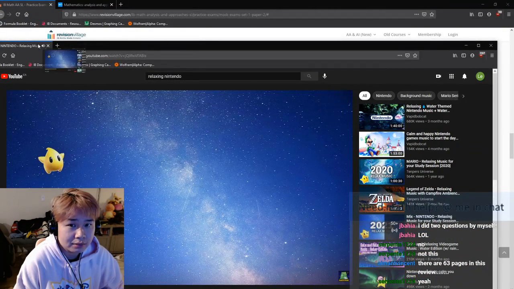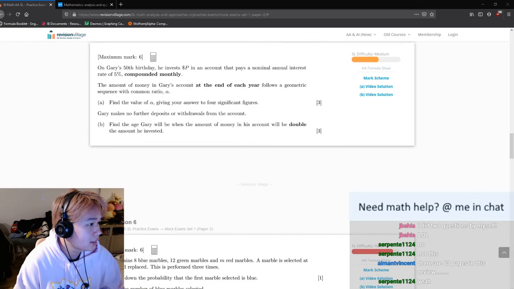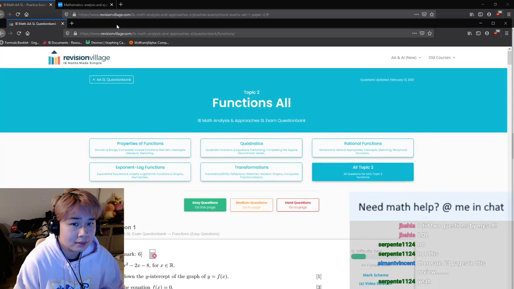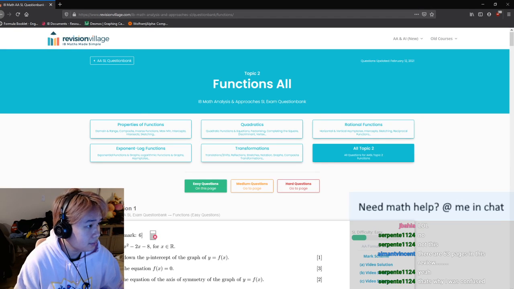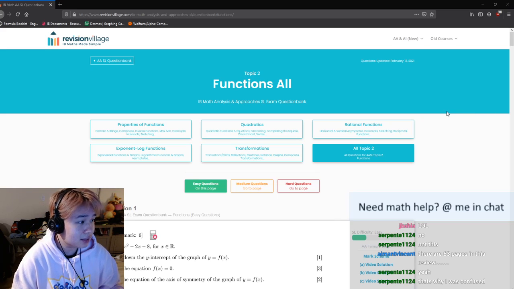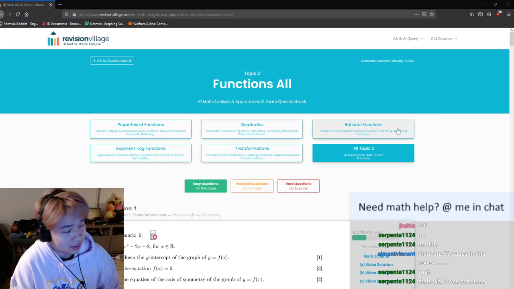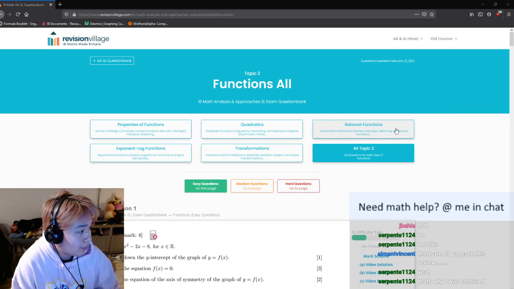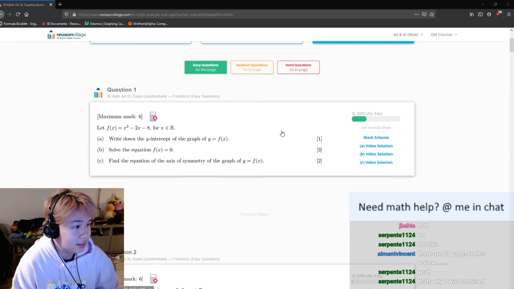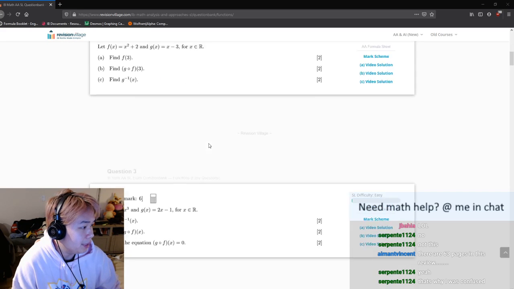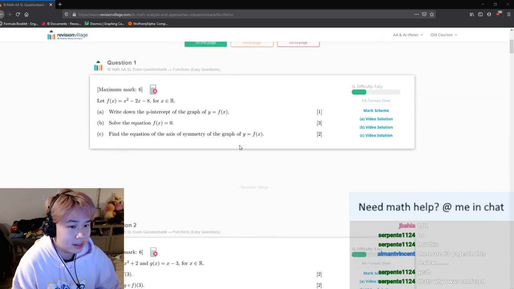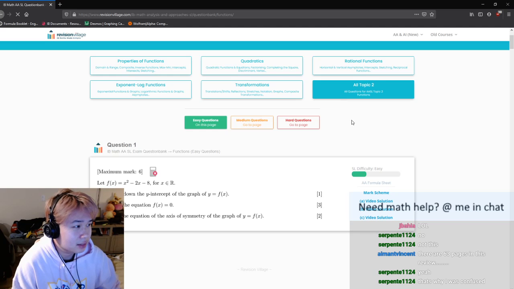Okay, so wait, not this window. This window. Yeah, there's 63 pages, but some of the questions take up two pages for an answer key. So there's not 63 questions. Anyways, so on page 24, right? So let's see.